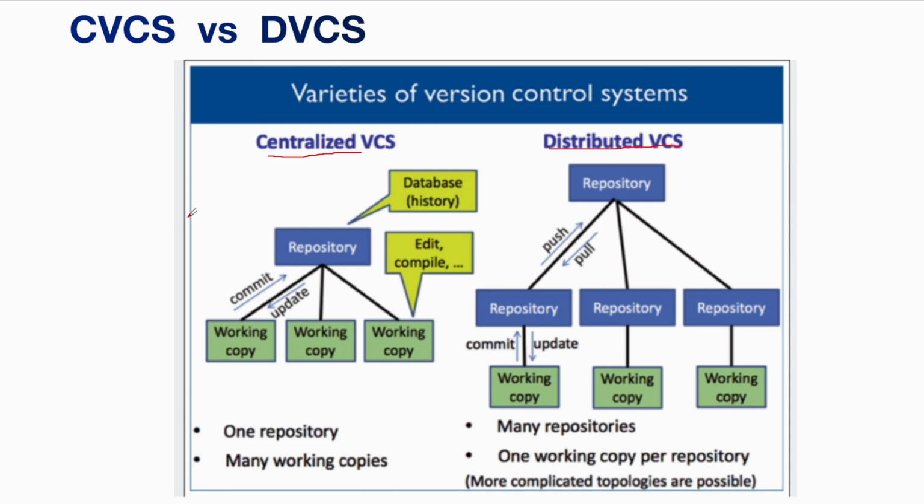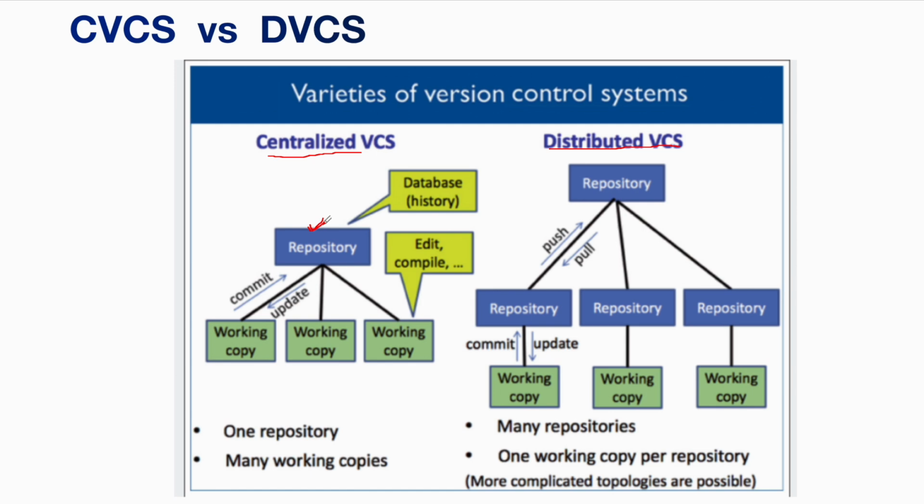The centralized version control system, also called CVCS, you can think of as a single library, that is, a single repository. You can think of it as a single library in a city where all the books and files, that is, in a software project, the code and files, are stored.